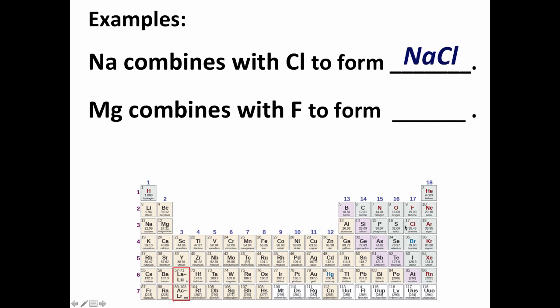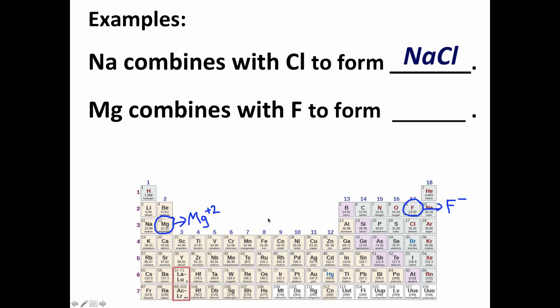But what if our compound is one made when magnesium reacts with fluorine? Well, there's magnesium. It's an alkaline earth metal. It will tend to lose 2 electrons and form a +2 charged ion. Fluorine, like chlorine, is a halogen. It's going to tend to gain 1 electron and form a fluoride -1 charged ion.